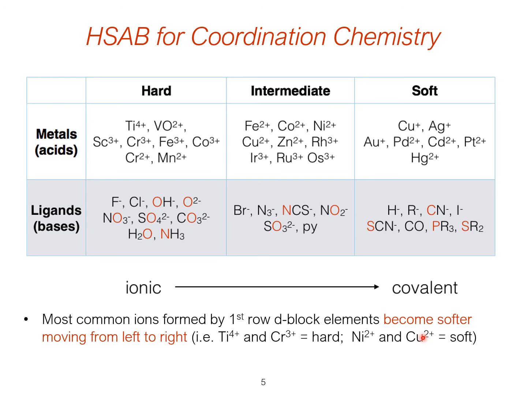And then as we go across, they generally only make 2+, at a push. The 3+ is unstable. So that's why as we're going across the first row, they'll just generally become softer and softer. So this is why certain metals form bonds with certain ligands and others don't. Yeah, so it's good to know and make sure you can work out what's hard and what's soft.